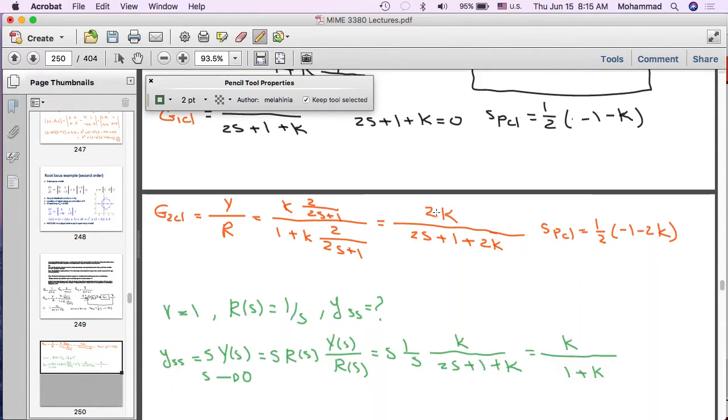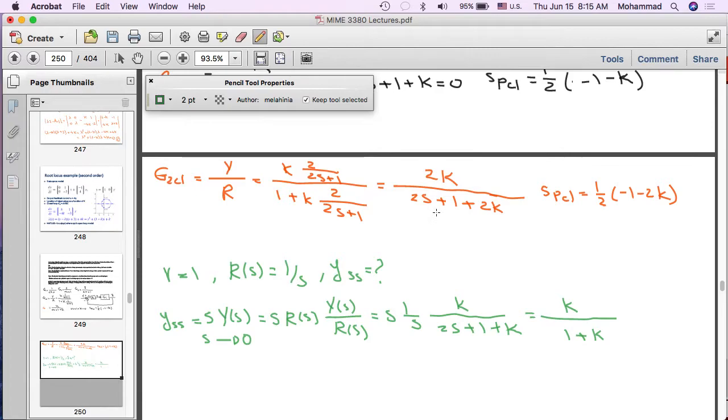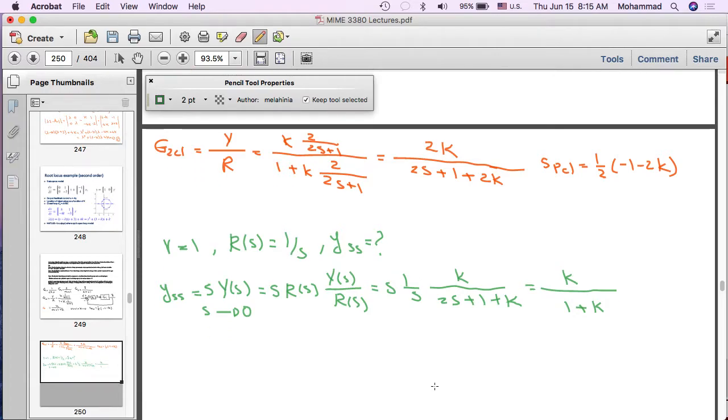So when r is 1, we are indicating that we want y to get to 1 and stay equal to 1. The trend is as k increases, y gets closer and closer to 1. Now, it never gets exactly equal to 1 unless you have a very, very large number for k. So this was for G1.